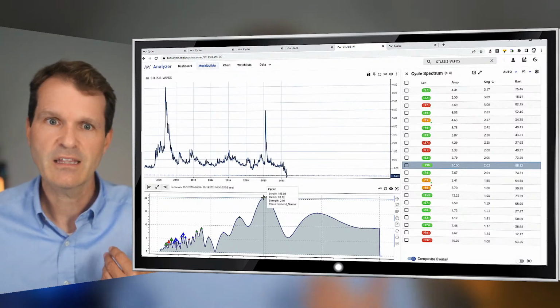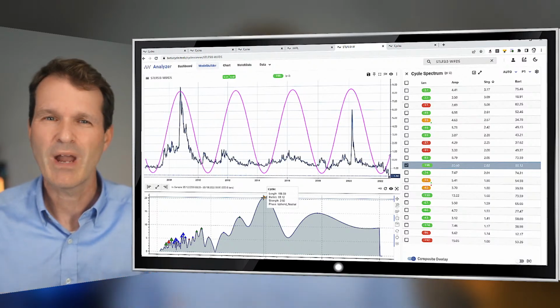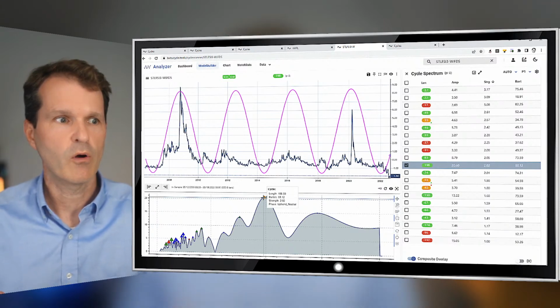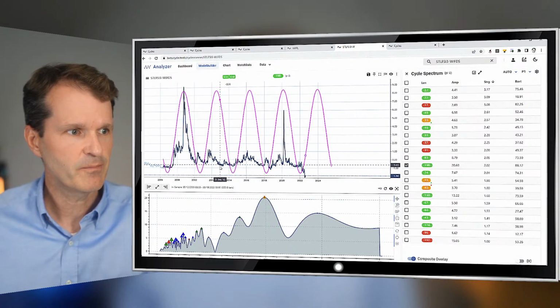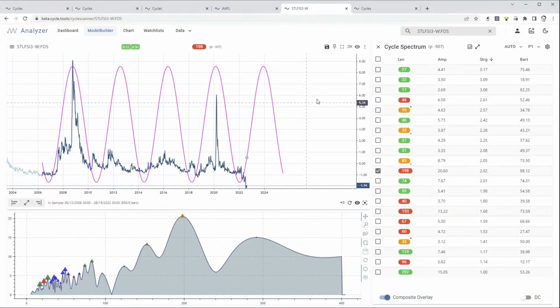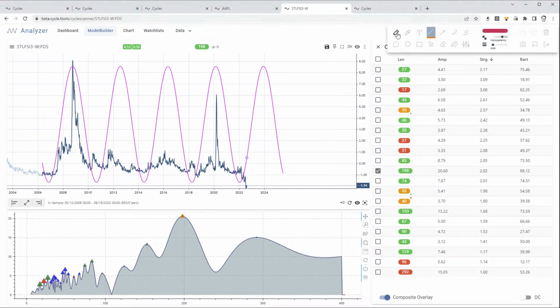And if we activate this cycle now, we can see where we are in this cycle here. First and foremost, it's important to review past behavior. And you can easily see how good this long-term cycle was in detecting the overall peaks and bottoms in this data set here.